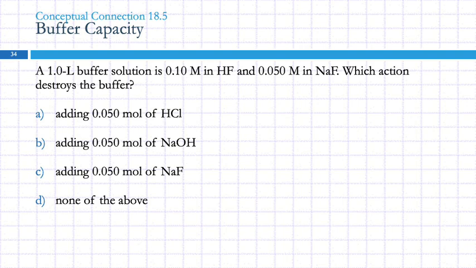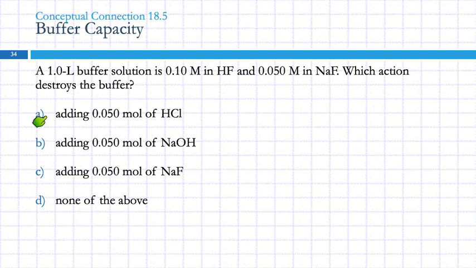So we have a 1 liter buffer that is 0.1 molar in HF and 0.05 molar in NaF. And this is the sodium salt of the conjugate base of this weak acid. We replace the hydrogen with sodium, that's the conjugate base. So this is asking which action will destroy this buffer.